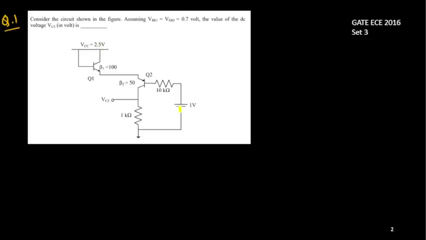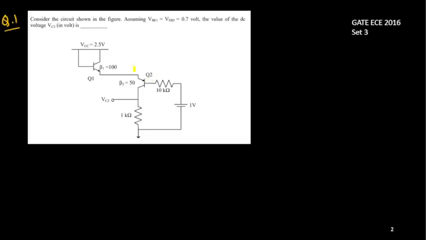Now how to find this potential? To find it, we need to know the current through this branch, this IC. This is the most required thing. But we are assuming that both the transistors are working in active region. Nothing is said, so we assume both are in active region.